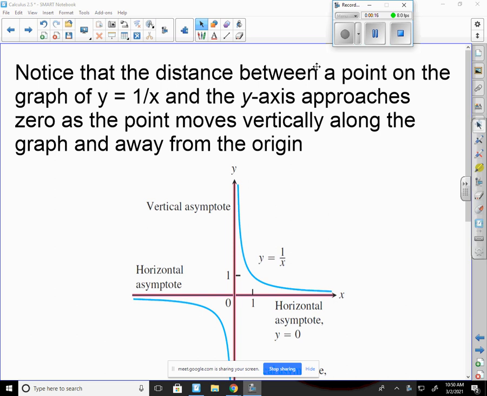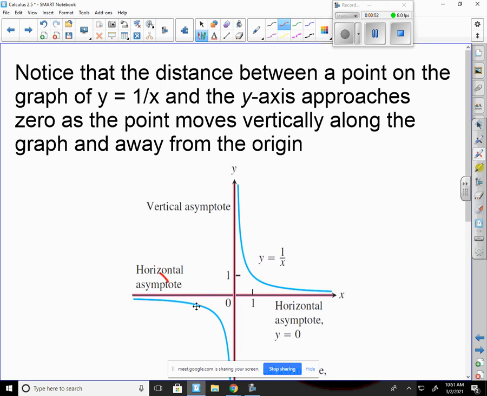In other words, if I'm moving away from the origin and going upwards, origin being 0, 0, if I'm moving vertically along the graph and away from 0, 0, you're going to notice that my graph gets closer and closer to the y-axis, or x equals 0.